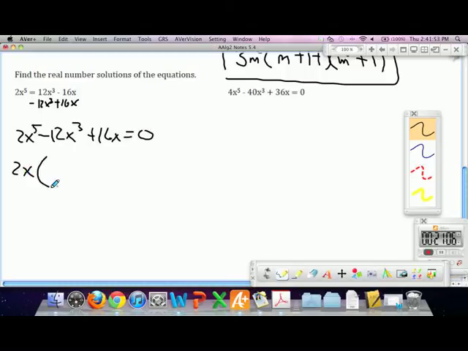I claim you can box and diamond this, and you should get the following result. You use box and diamond, you get x squared minus 4 and x squared minus 2. You can check on your own that this thing factors to x squared minus 4 and x squared minus 2 equals 0.